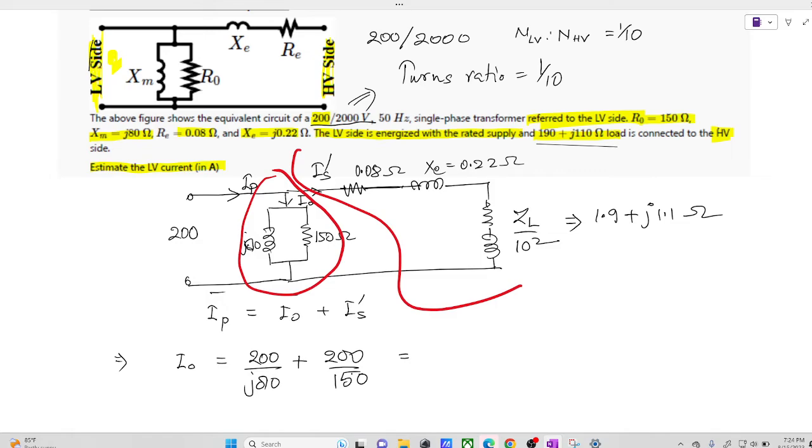The equivalent series resistance and leakage inductance have already been given after being referred to the low voltage side. So you just need to refer this load by dividing it by 10 square. Clear? Okay, sir, thank you. So I naught, please calculate I naught.